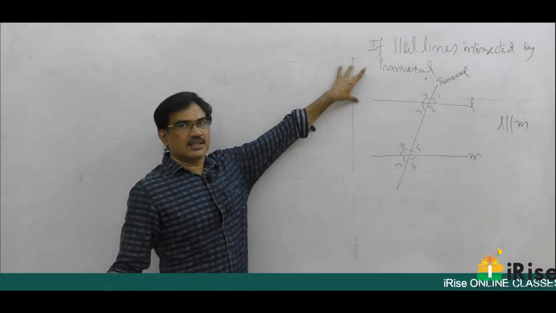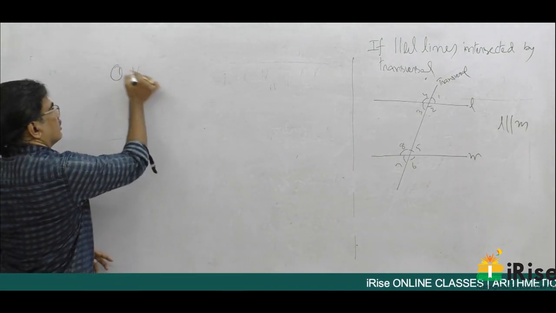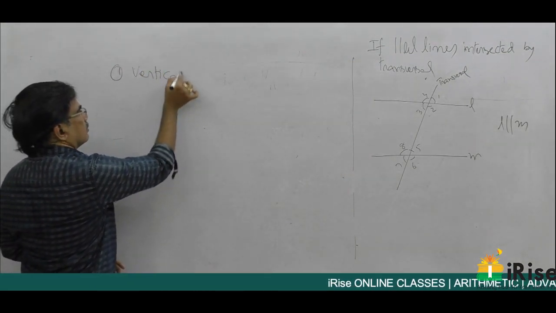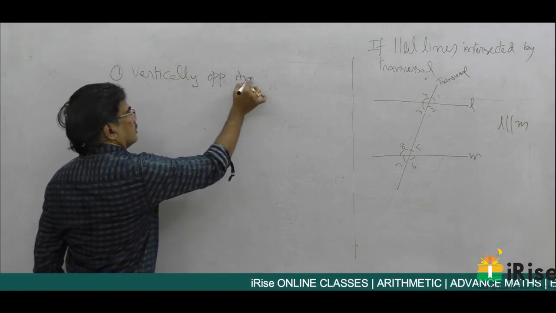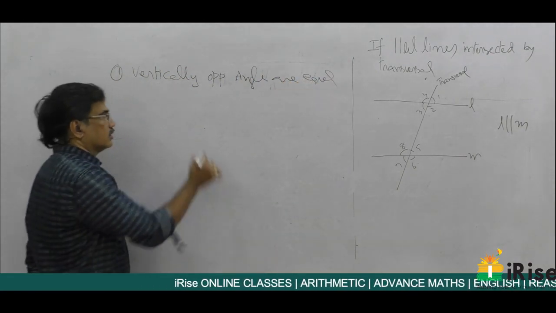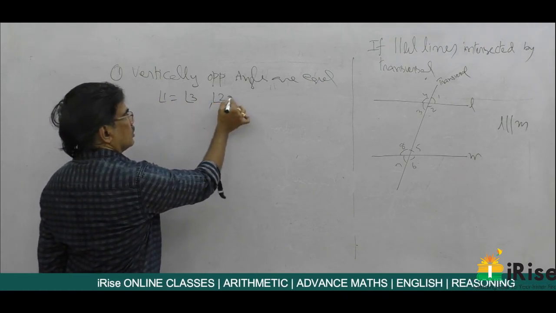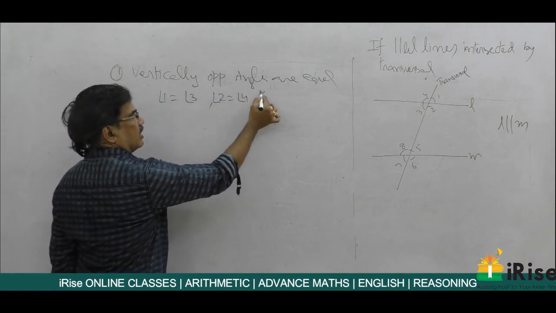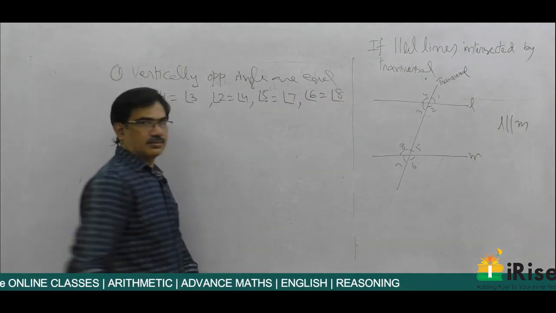If parallel lines are intersected by a transversal, then number 1, vertically opposite angles are equal. That is, angle 1 equals angle 3, angle 2 equals angle 4, angle 5 equals angle 7, angle 6 equals angle 8.